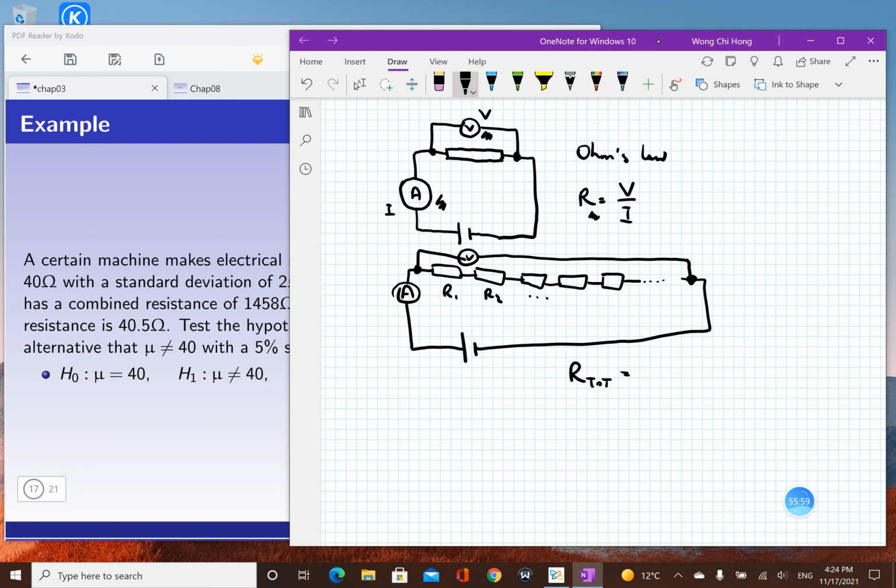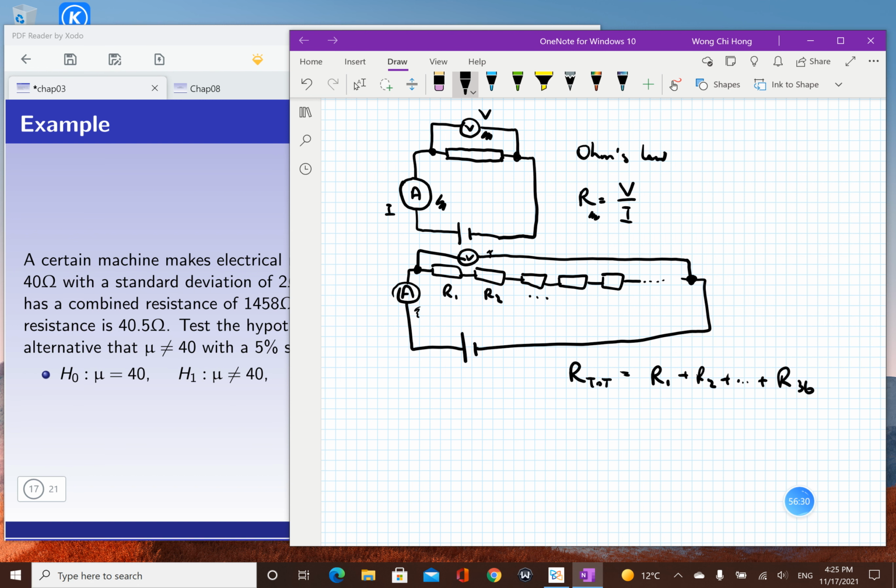Okay, so we know that the total resistance is given if you connect all of them in series. If we connect all of them in series, then we just need to add up all the resistances together. In which case we only need to do two measurements, one from here, one from here, instead of 72 readings.